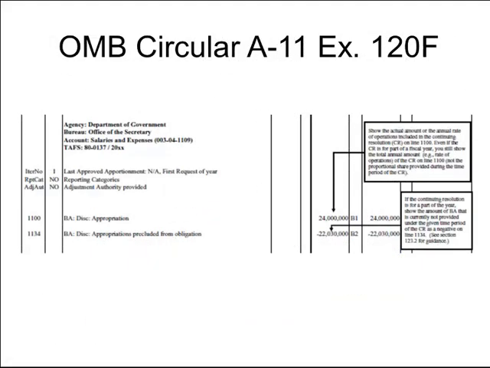But, in fact, the way we account for the money makes it very clear. Note that OMB guidance in Exhibit 120F of A11 shows an example indicating that you reflect the entire annual amount appropriated under the CR on line 1100 of the apportionment, and then subtract the amount that's not available or precluded from obligation on line 1134 of the apportionment.